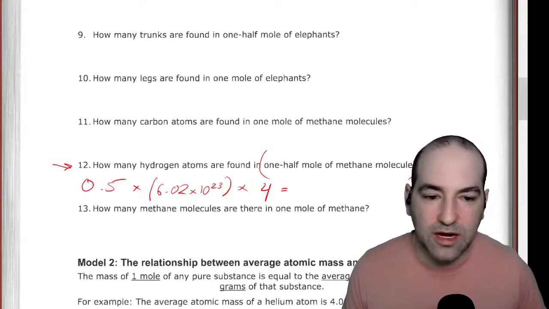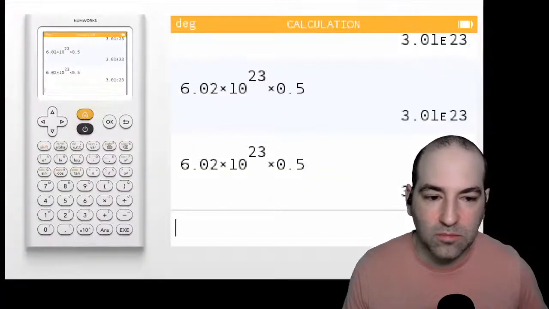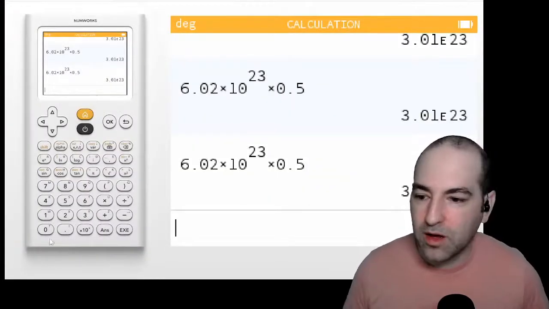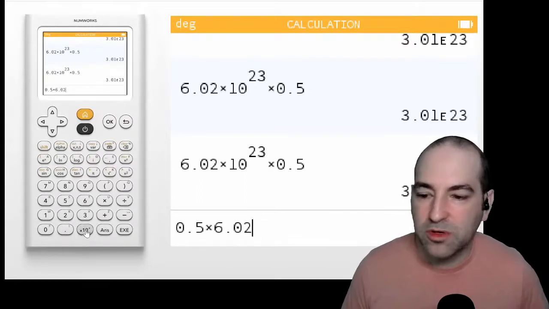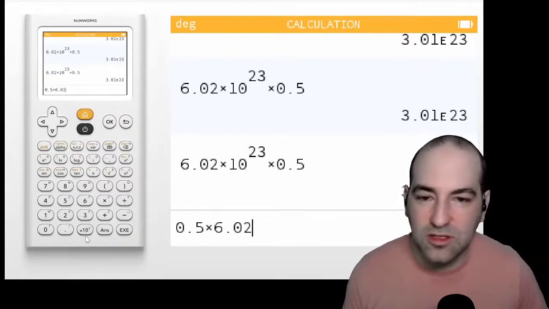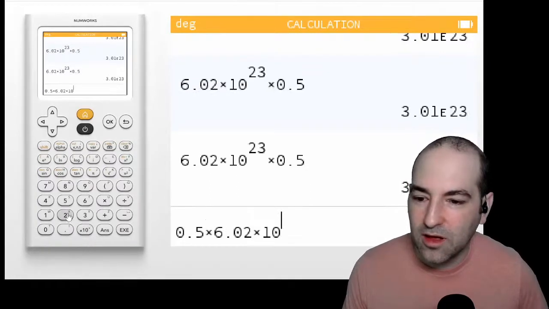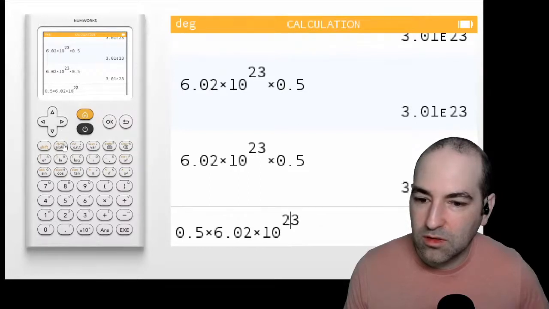All right, so now to put that in our calculator, we could go 0.5 for that 1/2 a mole, times 6.02 or 6.022, whatever. You can use as many decimal places as you want there, times 10 to the 23rd, and then times 4.